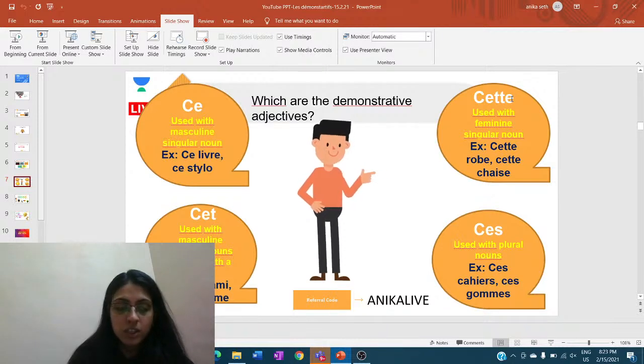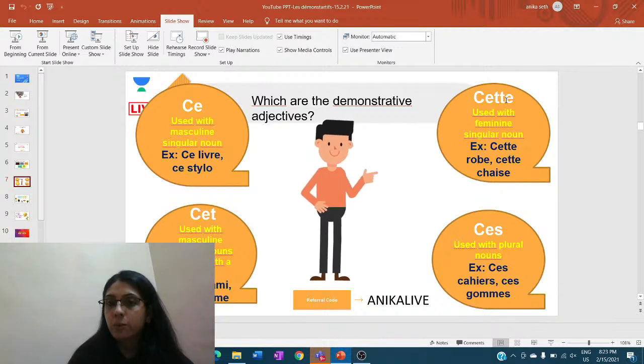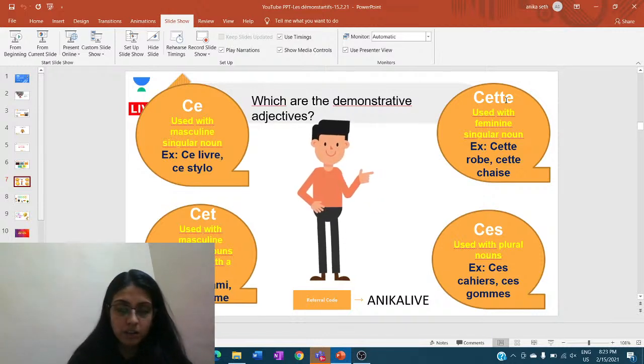Right. So CETTE is used with the feminine noun starting with a vowel because when we pronounce this word CETTE, the word does not end with a vowel sound. It is ending with the sound of the consonant T. That is why when we say cette école or cette étudiante, this answer would be correct.